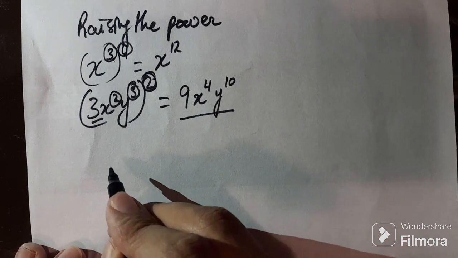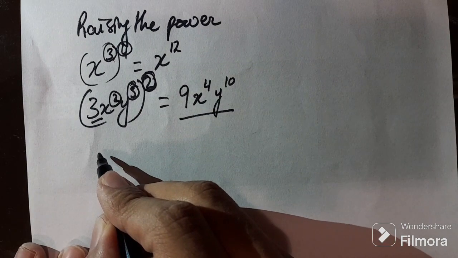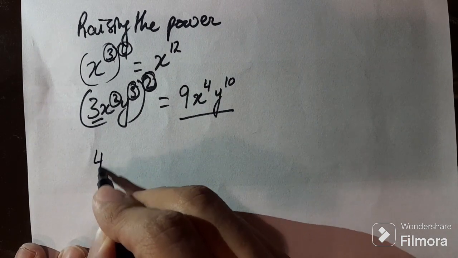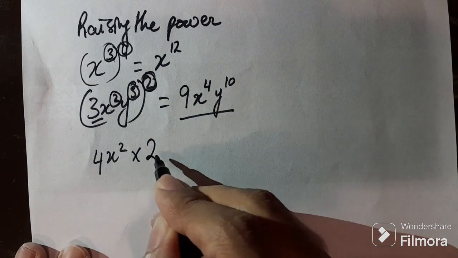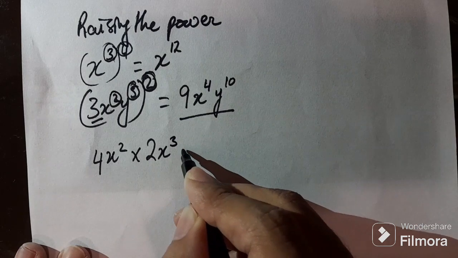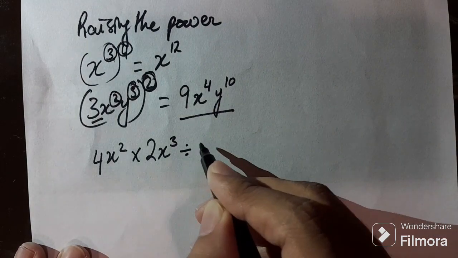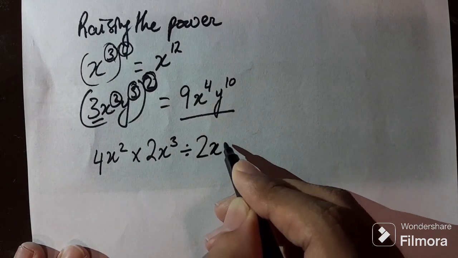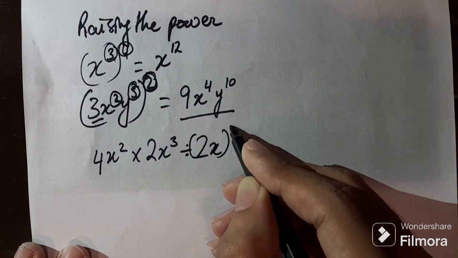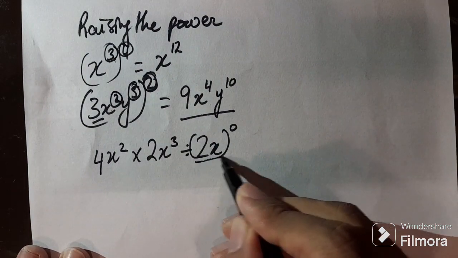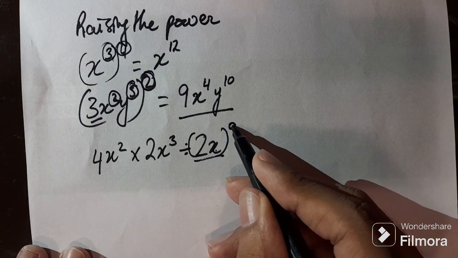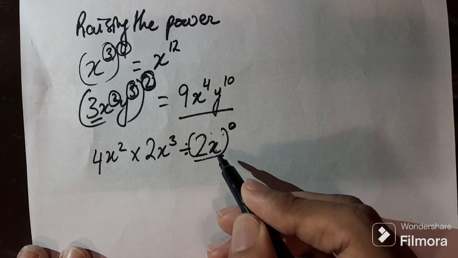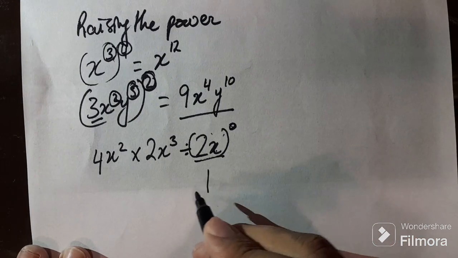Another example can be if we have 4x squared multiplied by 2x cubed divided by 2x to the power of 0. First of all, 2x to the power of 0 will be 1, and x to the power of 0 will be 1. So this will be 1.